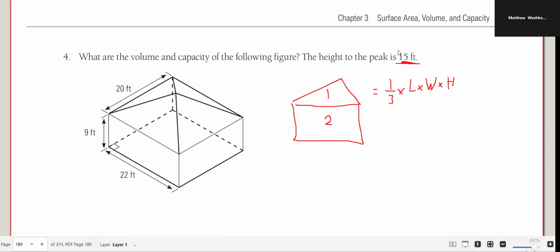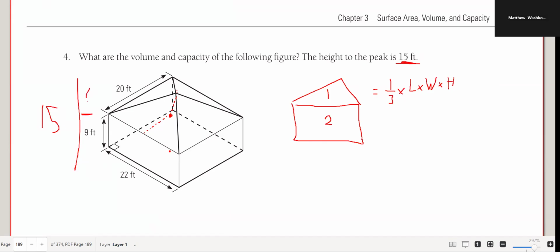The peak's 15 feet. Now, I want us to be really careful here. I don't put 15 in here because I'm not measuring from the tip to the bottom of the rectangle. I'm measuring from the tip of the pyramid to the base of the pyramid, right? To this point here underneath it. So if the whole thing's 15, this part of it is 9.